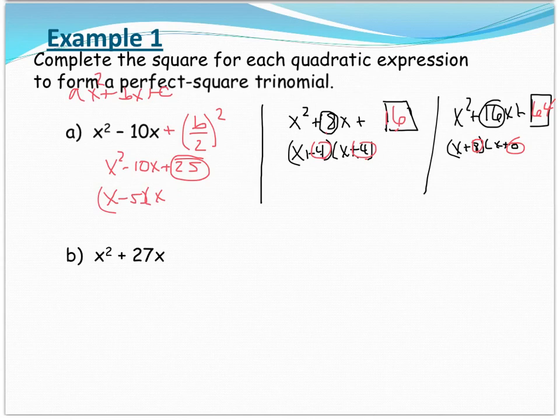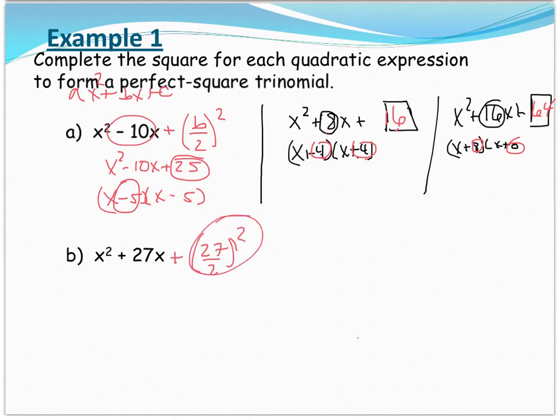You'll see those in the second and third videos in this lesson. Notice that our factors are whatever the middle term was divided by 2. That creates an easy process to factor. In part B, it's an odd number, so dividing by 2 doesn't work very easily. So the number we add in is just b over 2, squared.